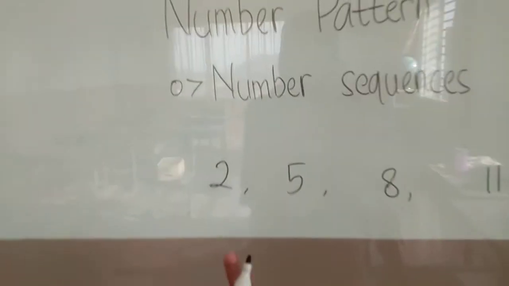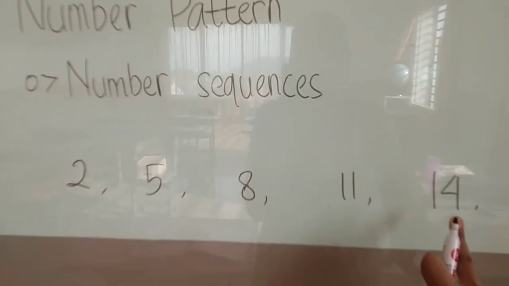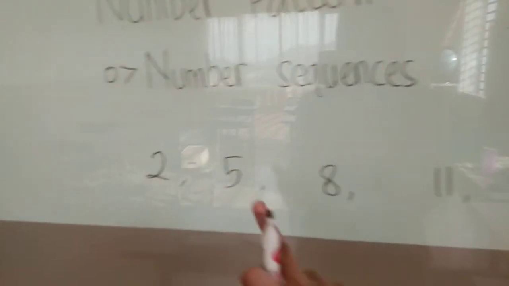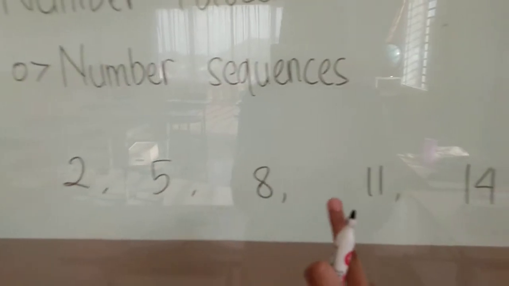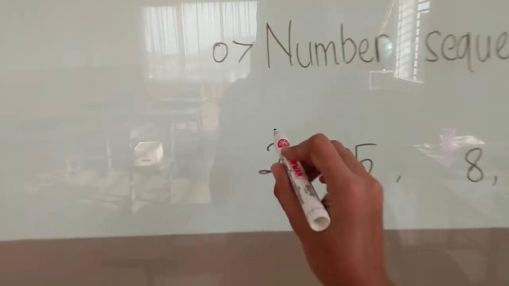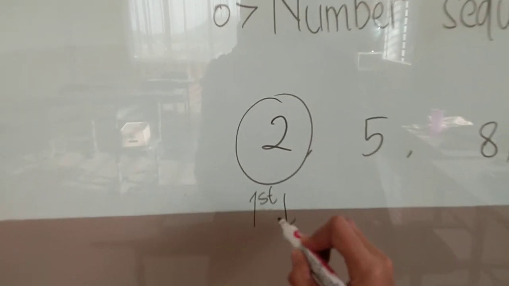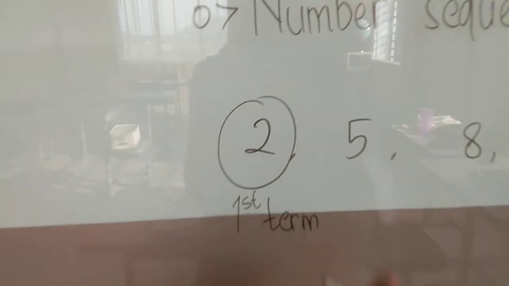From the first term until the last term, are they different numbers? Yeah, this is 2, 5, 8, 11, and 14. Okay, I will tell you about 2. Is it the first term, atau bentuk pertama?